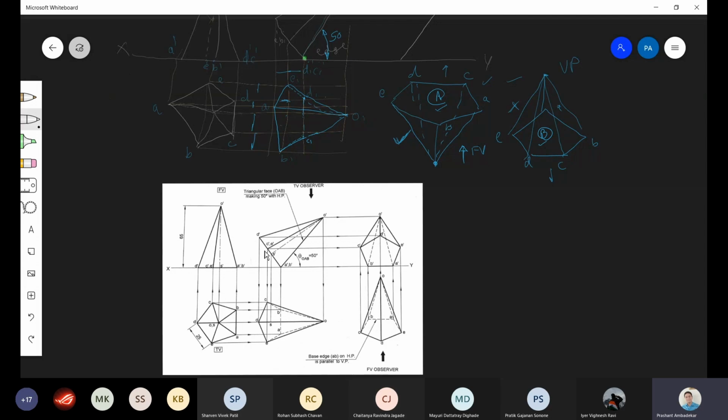Then here it is lifted and then it is just turned. If you see this view and this view, it is just rotated. So this is going behind, and this portion which is hidden, pentagon, is now seen in the front view. That's it. So for doing this, stage 1, 2, 3, 4, 5 and 6.